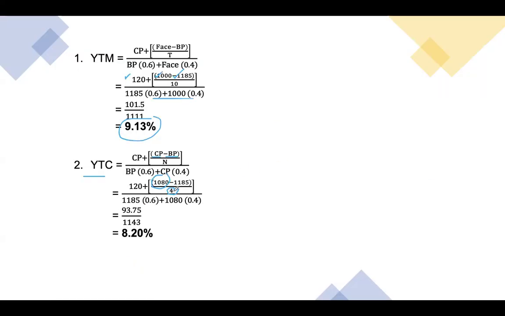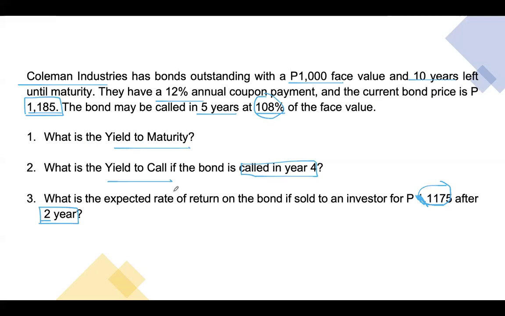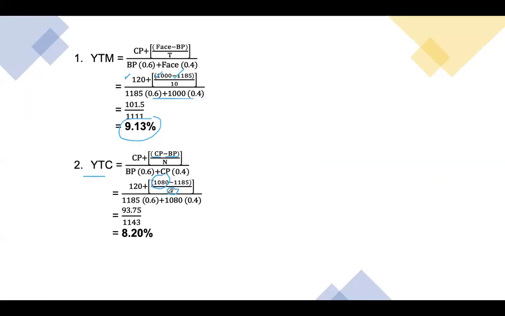Or year 5, because the call protection, assuming it will start in year 5, so divide this by 5. But in number 2, since it is asked to compute the yield to call in year 4, we assume that the call provision period will start in year 4. So divide this by 4. Okay, so 8.20 will be the yield to call.